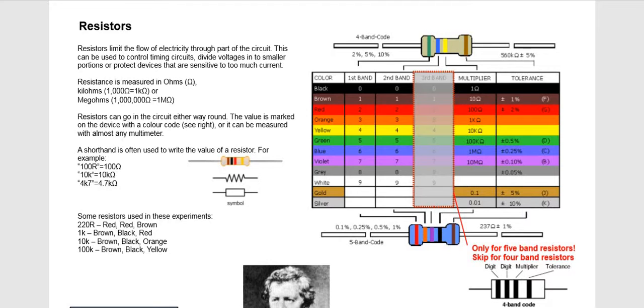As you can see, this has a larger space than any of these, and this also has the larger space. So this here is the last band, and this also is the last. The last is always the tolerance, and the second to the last is always the multiplier. So for this, you start reading from here.